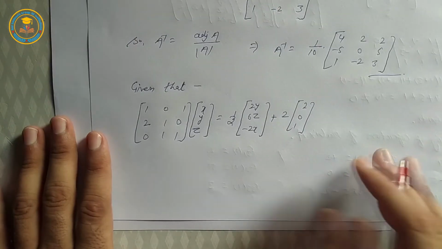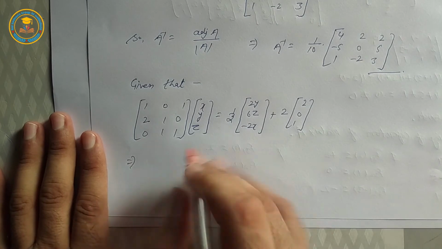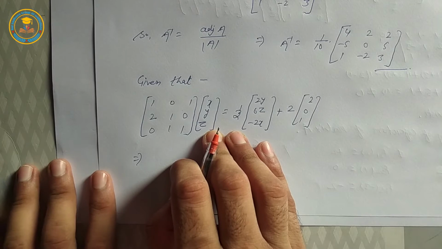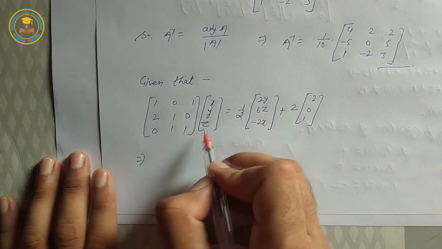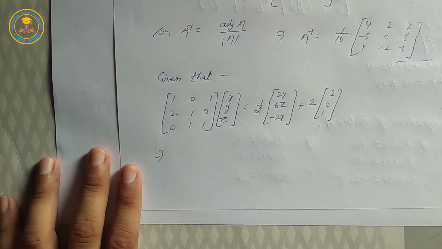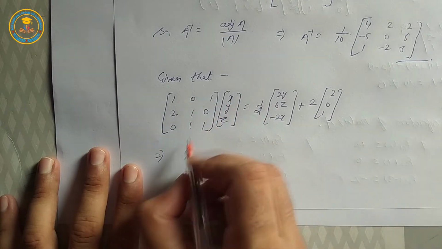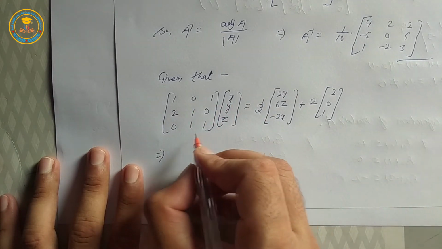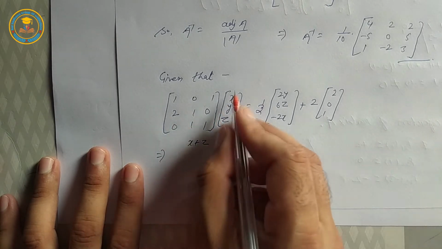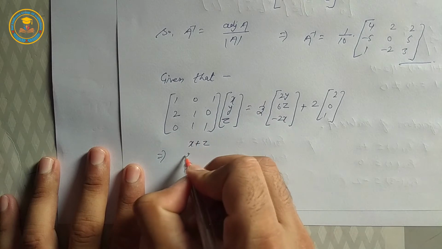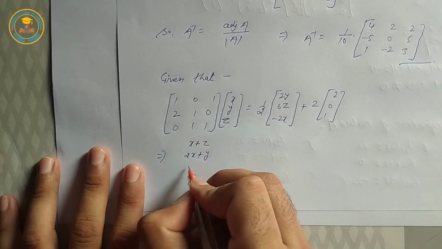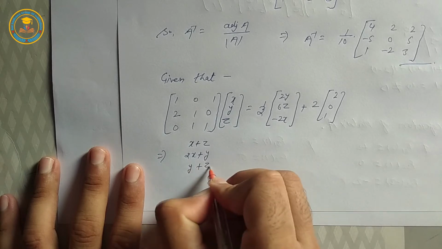It implies matrix A into matrix X: first row first column gives x plus z, second row gives 2x plus y, and third row gives y plus z.